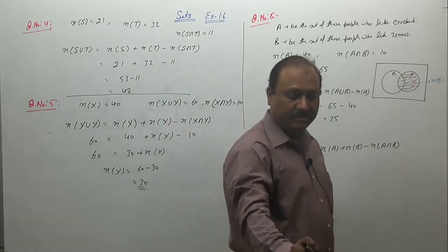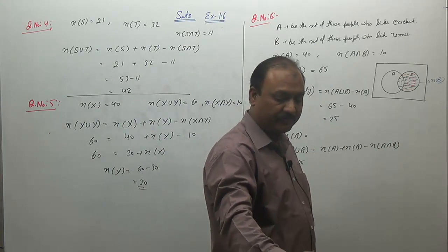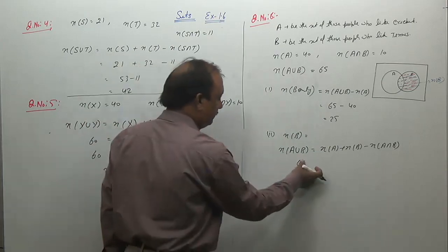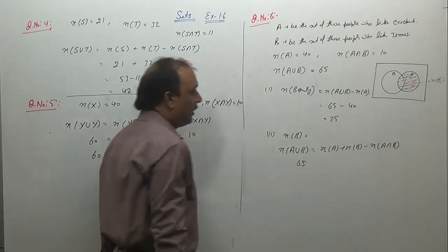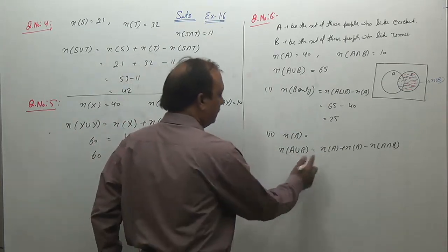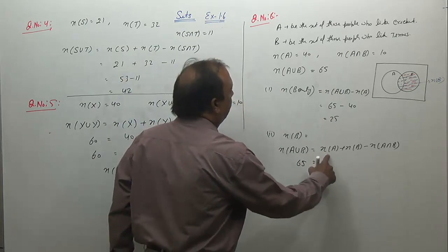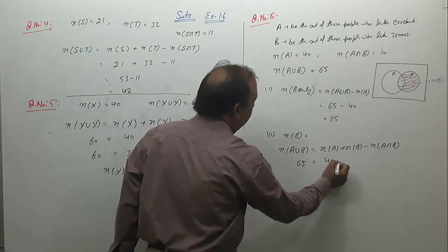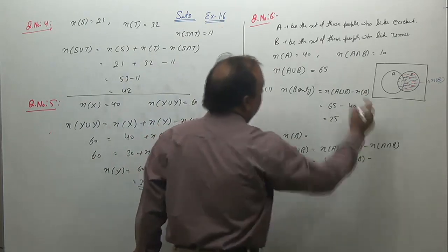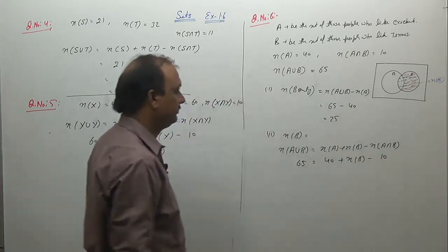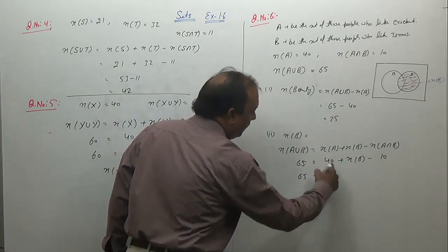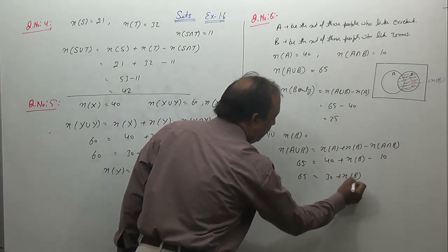So 65 is equal to n(A) is 40, n(B) is required, and A intersection B is 10. 65 = 40 - 10, which is 30, plus n(B).